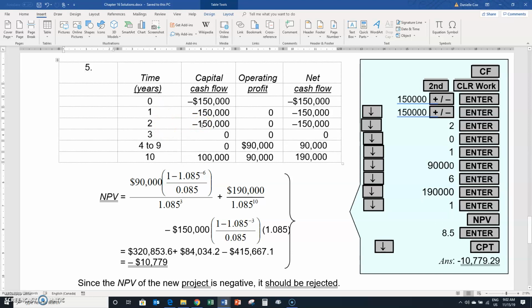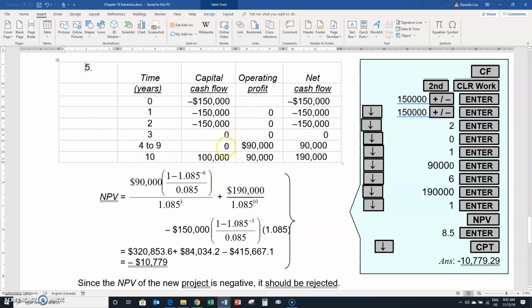Then the income is going to happen in year 4. So you're going to have negative flows for years 0, 1, and 2. Year 3, there's going to be nothing. Then in year 4, you're going to start with the $90,000, and that's going to be for 7 years. But also, at the last year, you're going to have $100,000 of the original investment returned.